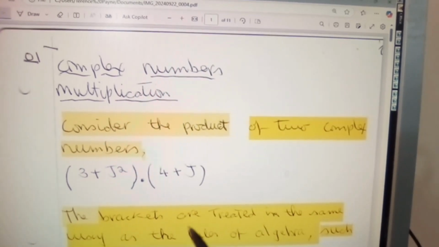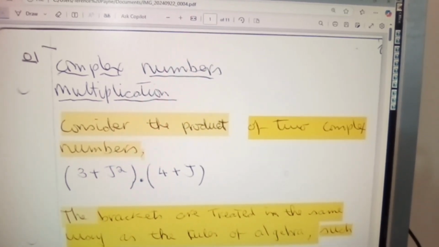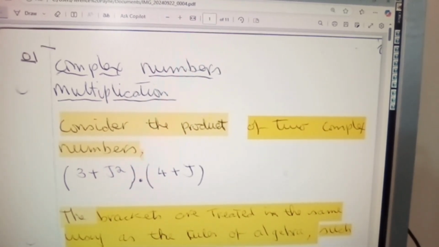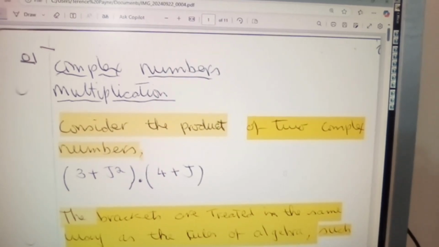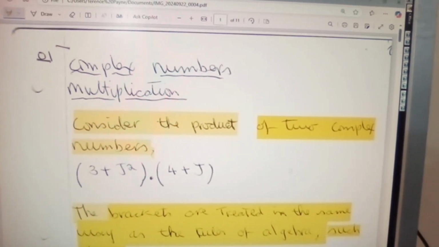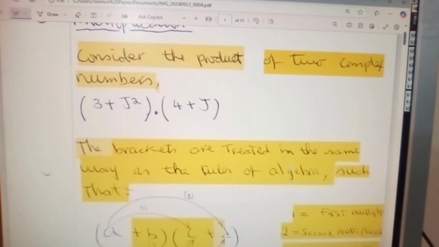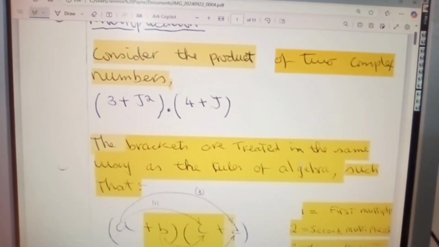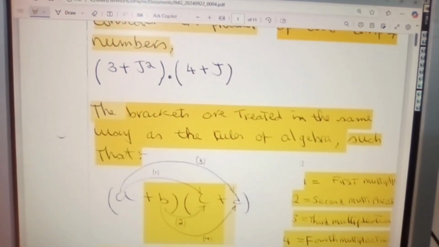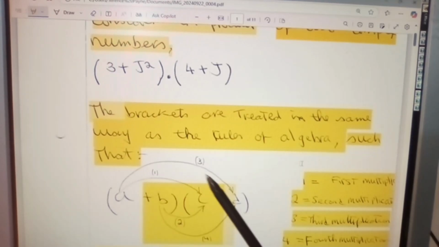Now the brackets are treated in the same way as the rules of algebra, such that you will follow the multiplication ruling.